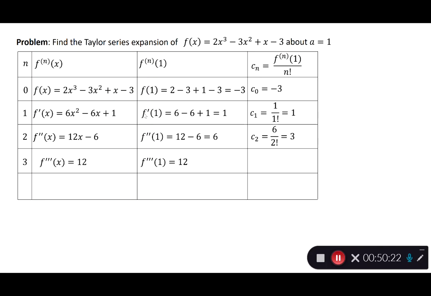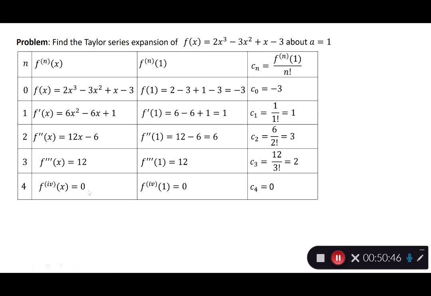Something interesting happens in this case though. The moment you go to the fourth derivative, we get 0. So f to the fourth prime evaluated at 1 is 0. So C4 is 0. What is the fifth derivative? Well, differentiate 0, you get 0 again.